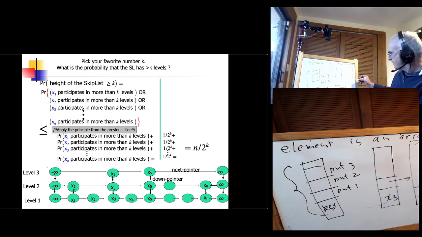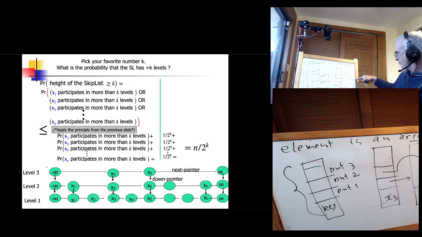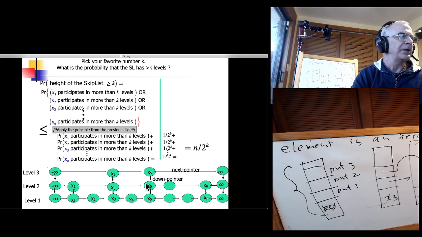The next element points to the array that points to the next one, to x5, and above it, it will be to x5 as well.